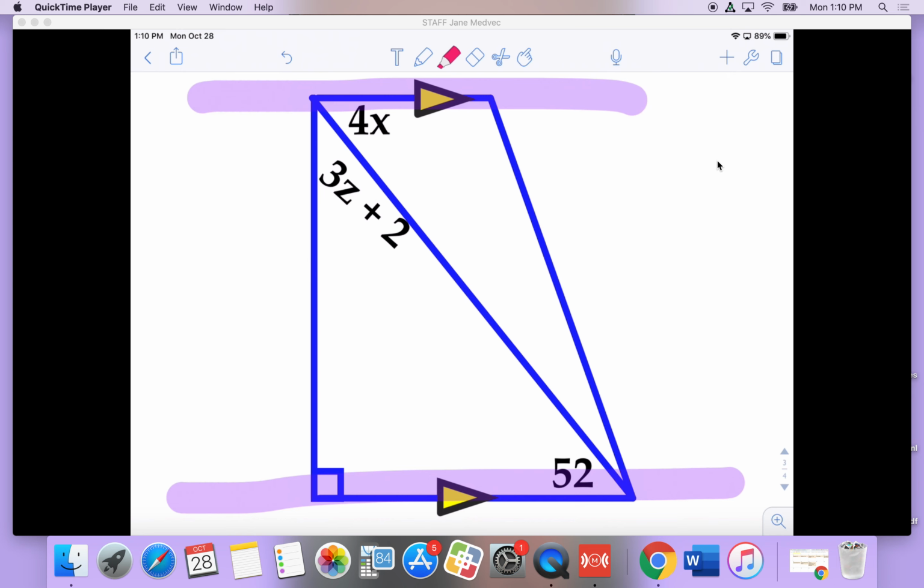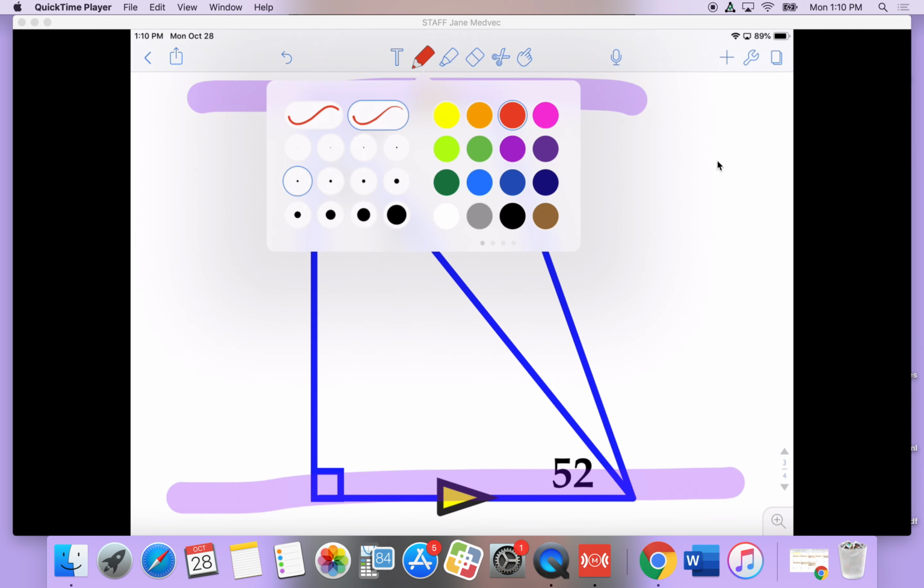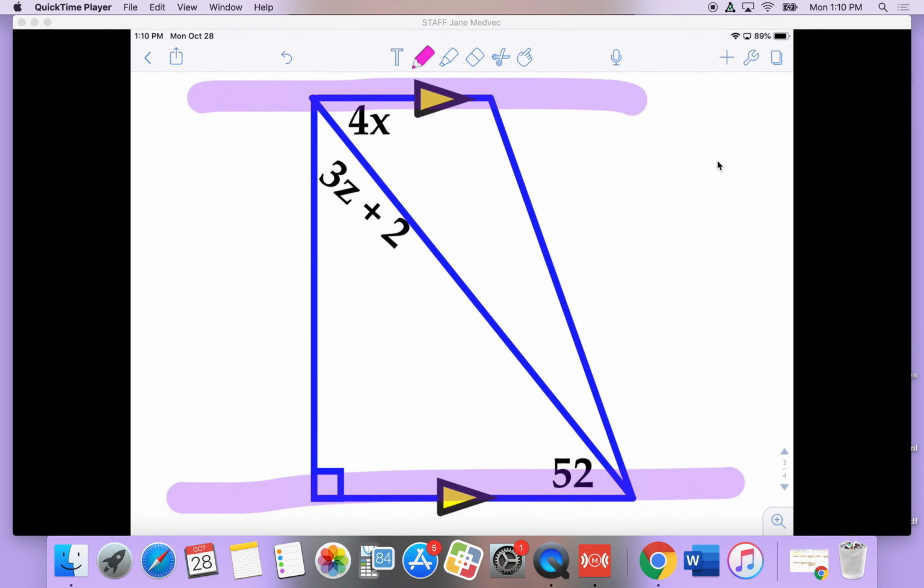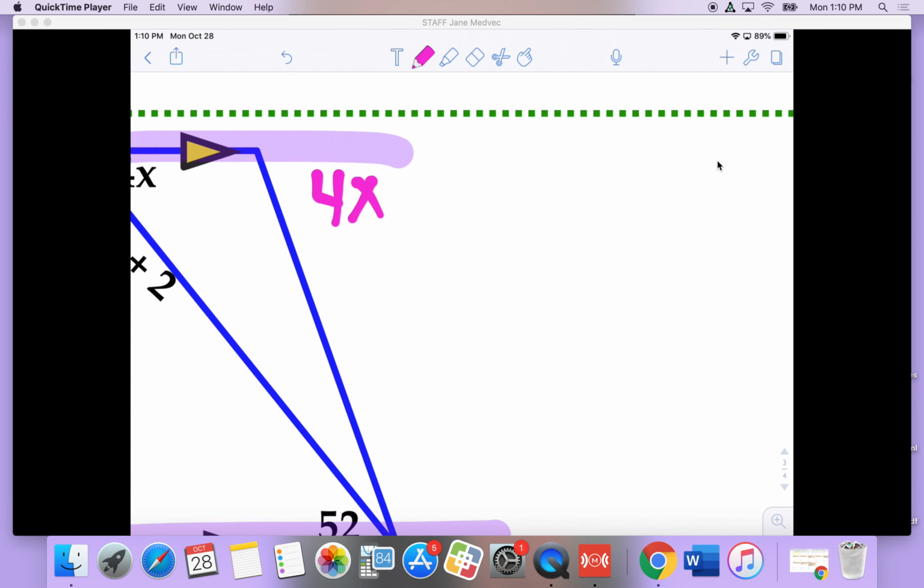How do I set it up? What do you want to do? Yes. 4x plus 3z plus 2 equals 90. It does. Very good. So he's saying that I can take 4x plus 3z plus 2, and that's going to equal 90.